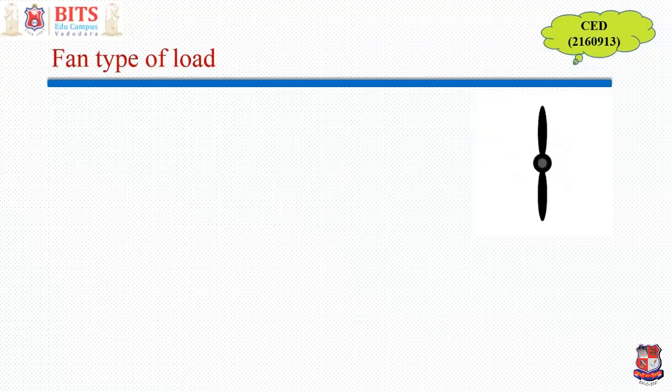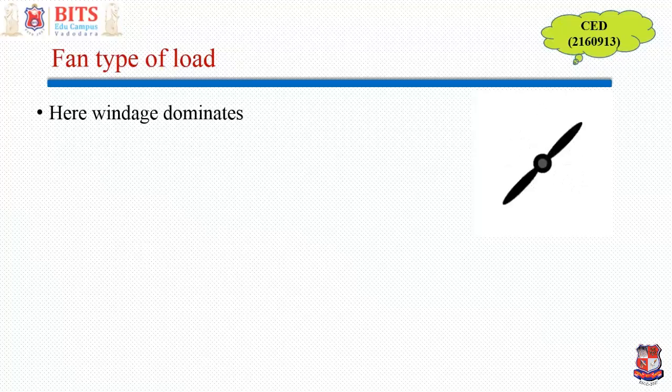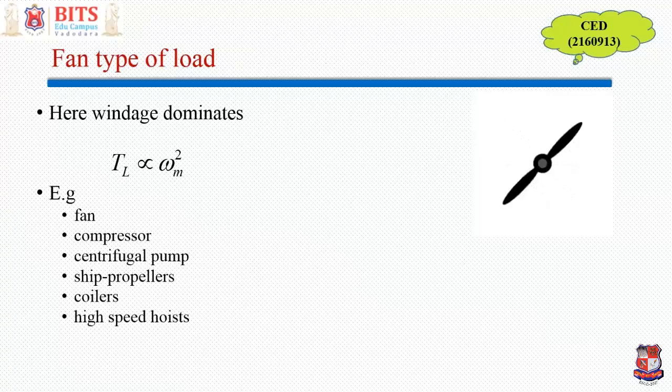Fan type of loads are the most common type of load where windage dominates, because they are having blades which are running in air or fluid to pump the fluid up or to force the air. So here no other load is there. So it is having load torque proportional to omega square.